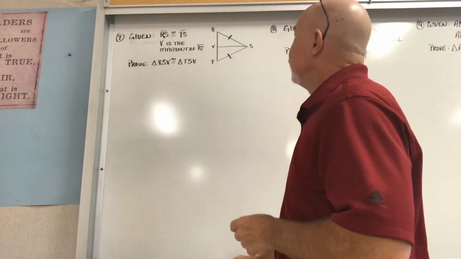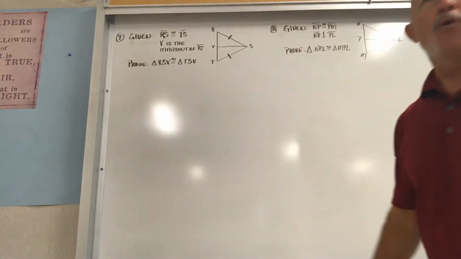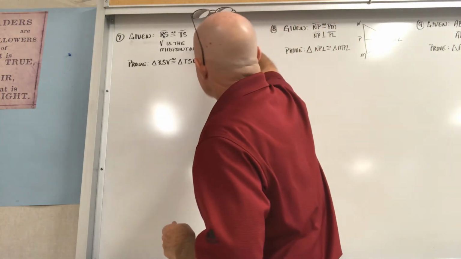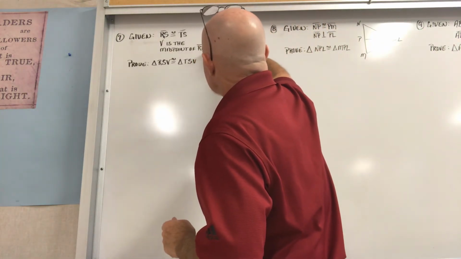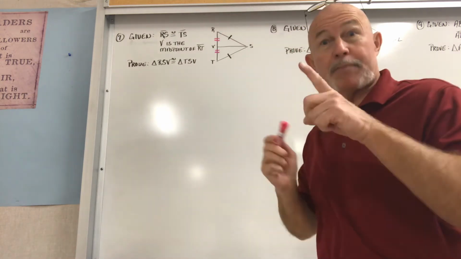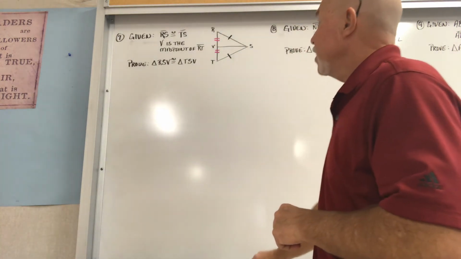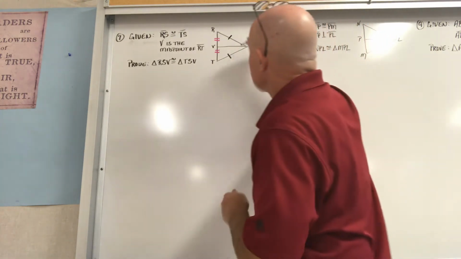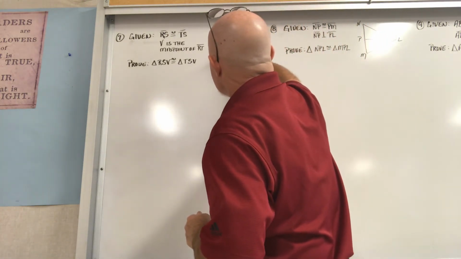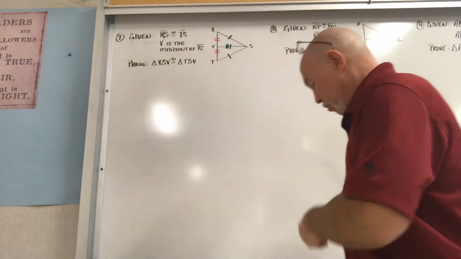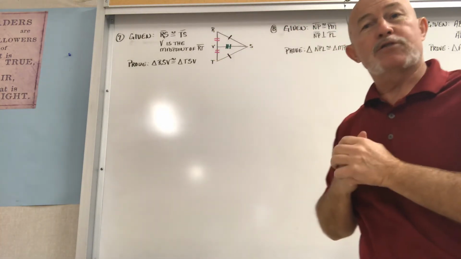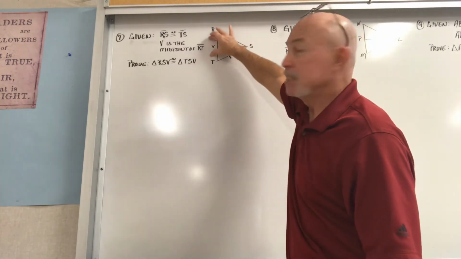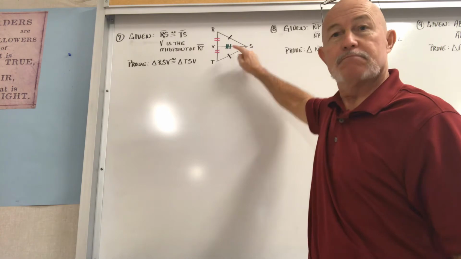Okay? V is the midpoint of RT. Okay, so we've got a midpoint. Okay? We also have a common side. Can we prove those triangles are congruent? Yeah, we sure can.